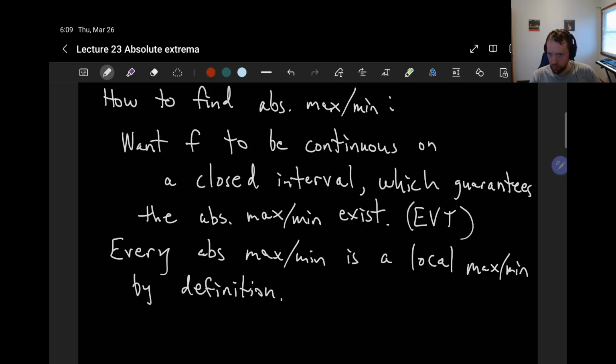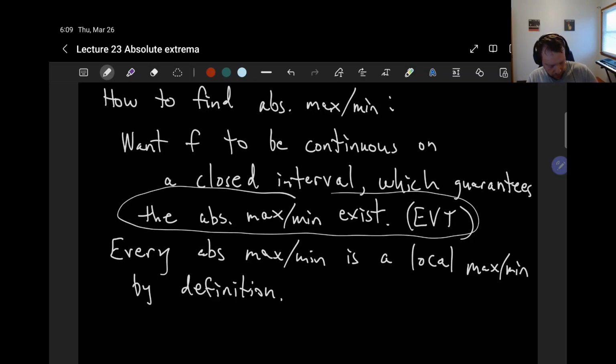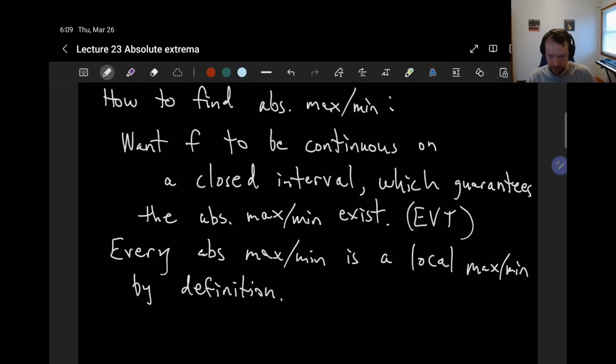So what this tells us is in these certain conditions, I know that these things exist, and then the candidates come from the pool of local maximums and minimums. So that's the idea.